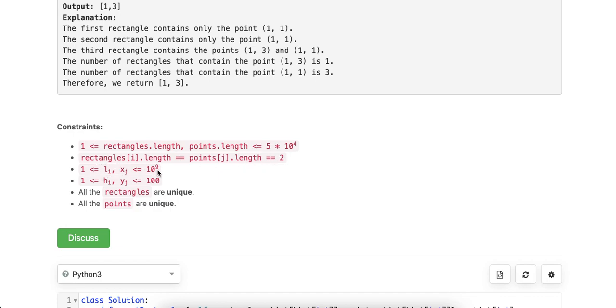The x can be quite big. The y is unique. This is special because they say the y can only be up to 100. Why is it like that? This is something we need to remember when we think about ideas for how to solve this. Then all rectangles are unique, all points are unique.